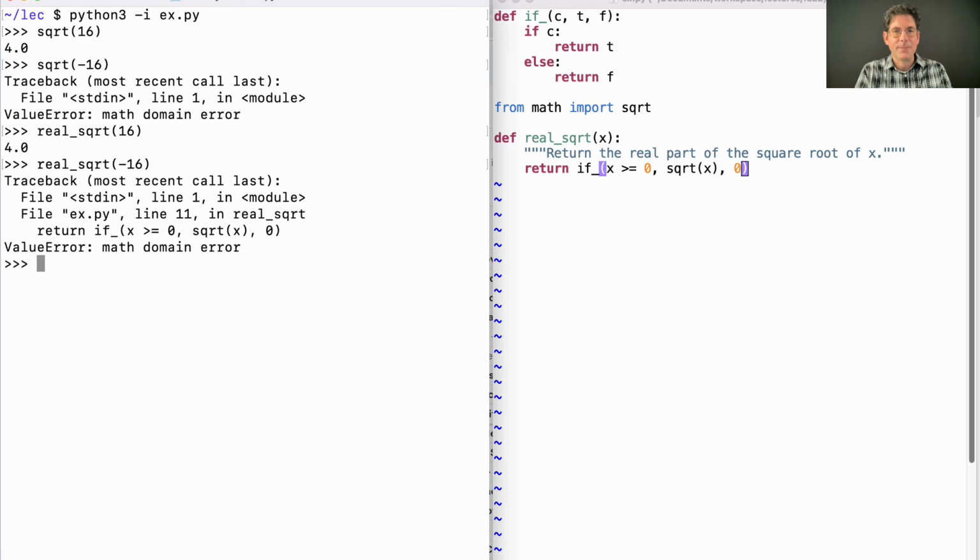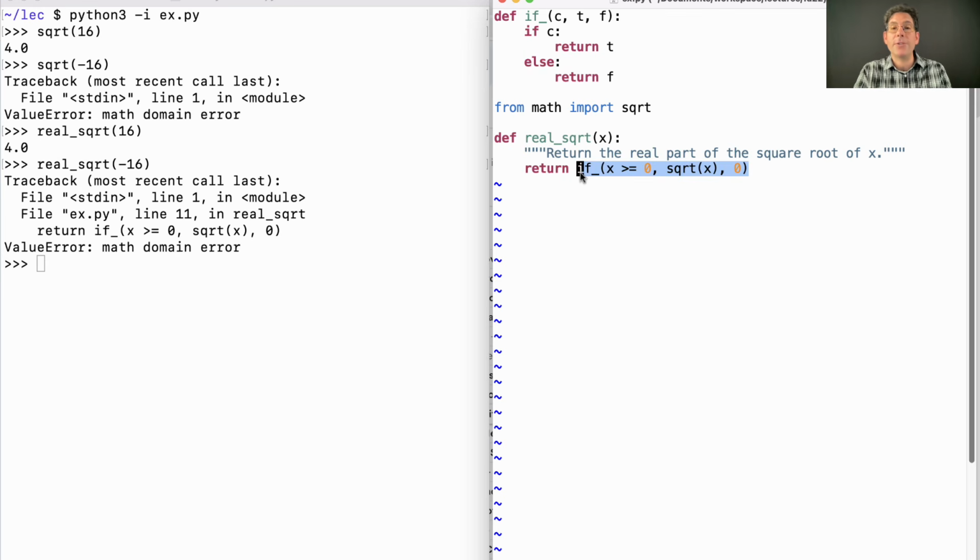What happened? Well, when we replaced the conditional statement with a call expression, we had a different evaluation rule. For evaluating this, we figure out what function we're going to call and all three arguments that we're calling it on before we ever execute the body. And so we found out that x was not greater than 0. We attempted to compute the square root, and before we ever got to the 0 or got to this, we reached an error because the square root of a negative number was taken.